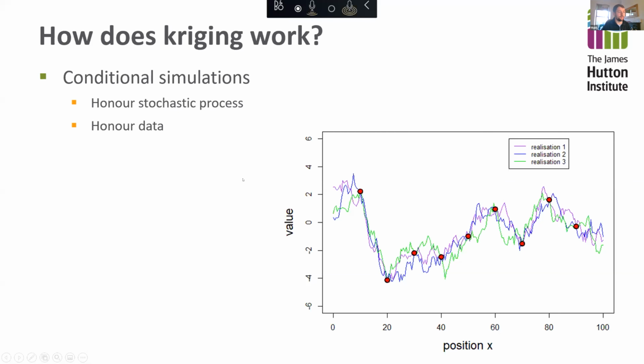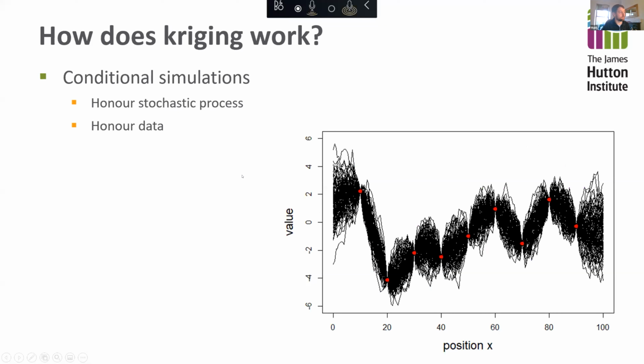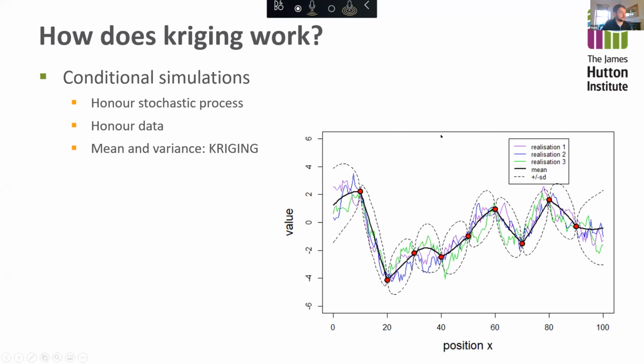And if you imagine that you do that millions of times, then take the mean value of all those realizations, which is what I've illustrated here. The black line is now the mean of all the realizations that match the data and honor the stochastic process. Then that is exactly what it means to do kriging interpolation.